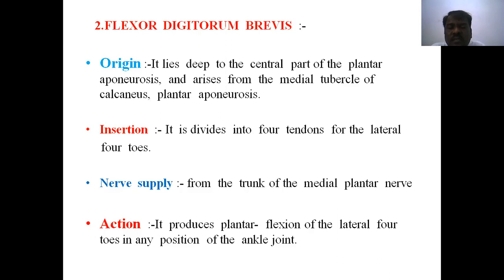Same like here, it divides into four tendons for the lateral four toes. Nerve supply is from the trunk of the medial plantar. Action is plantar flexion of the lateral four toes at the interphalangeal joints.